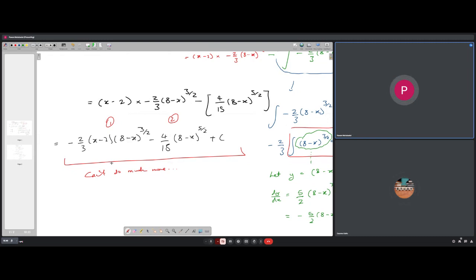But if you look very carefully, you can do something quite smart. You can factorize out 8 minus x to the power of 3 over 2. So if you do that, you got 8 minus x to the power of 3 over 2. So the first term will become minus 2/3 into x minus 2. And then you've got minus 4 over 15, and then 8 minus x. And then you've got plus c.